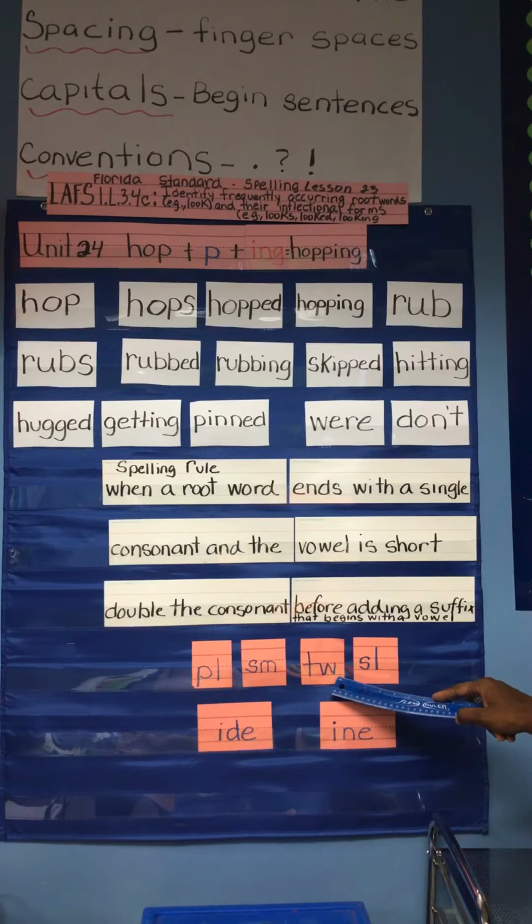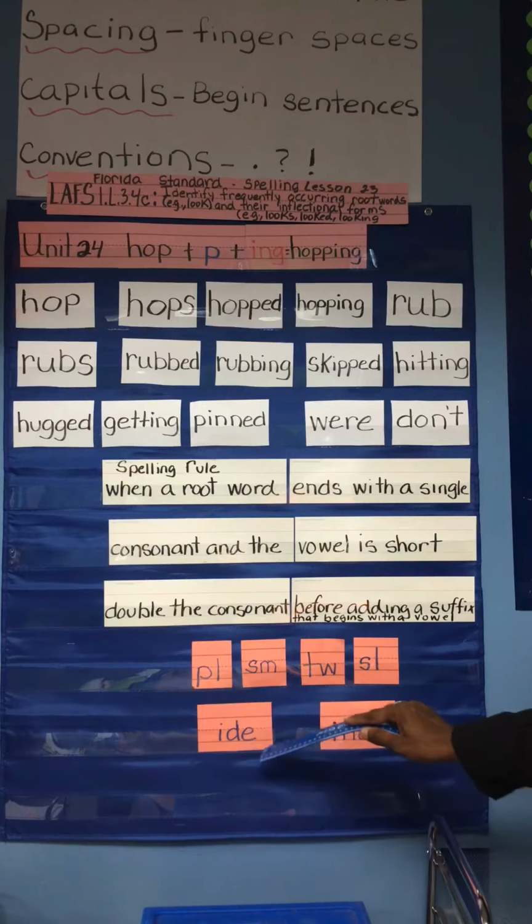Tw. Tw. And sl. Sl. Can you think of words that begin with those letter sounds, with those blends? Pl, sn, tw, sl. And let's look at our word families.